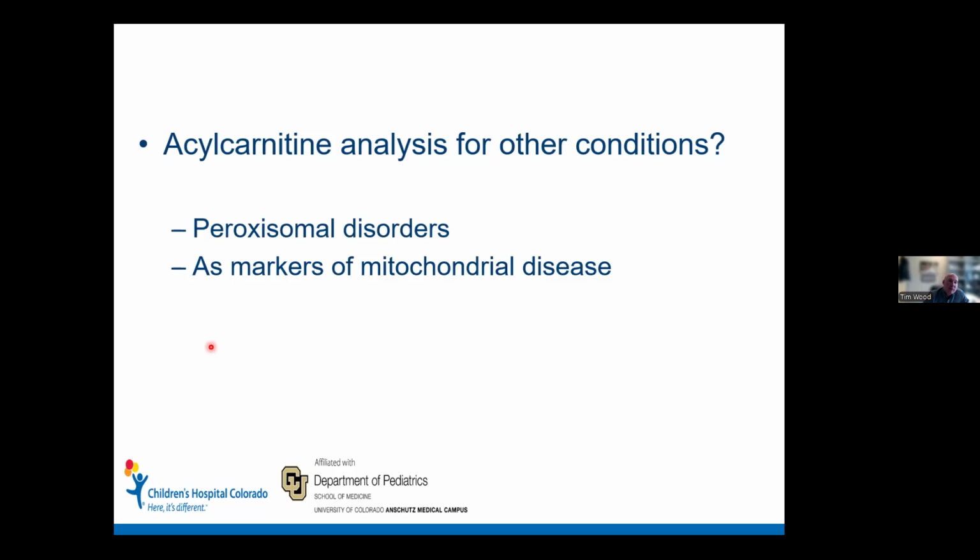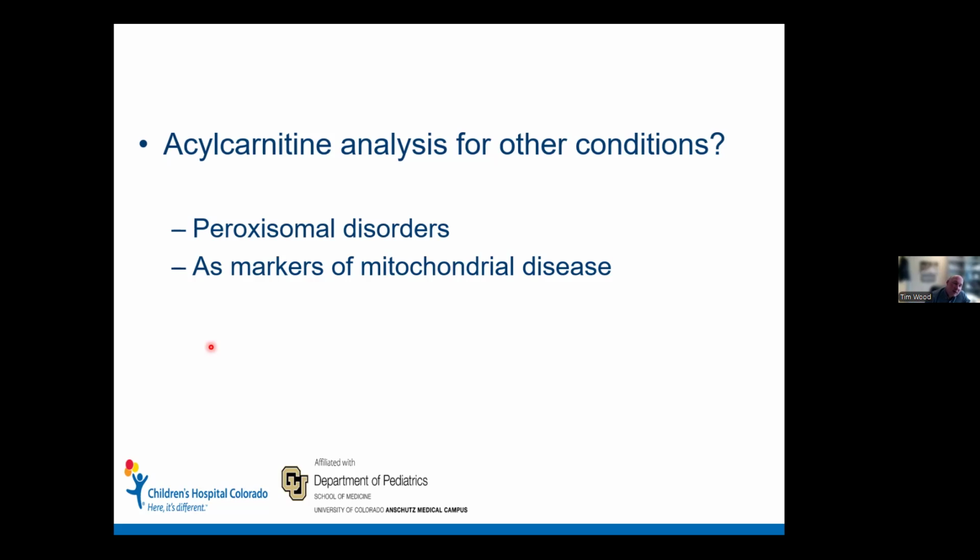Right, so some peroxisomal disorders was where I was going. There are some really nice papers talking about long chain, so even taking acylcarnitines out beyond C18, and I believe it's C3 dicarb or malonyl-carnitine that was in one of those papers. But please, let's not limit this analysis to just fatty acid oxidation disorders.